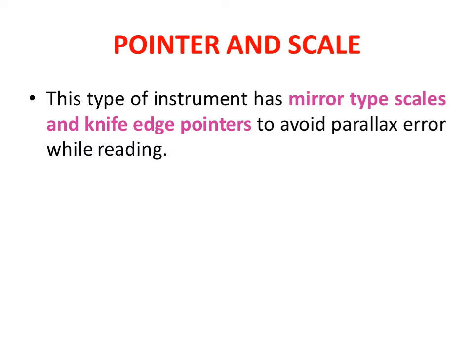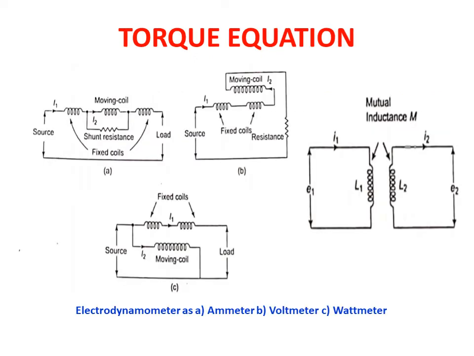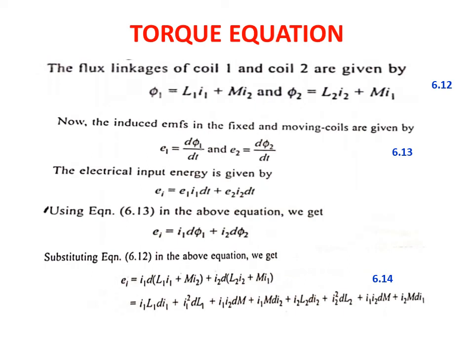So in this electrodynamometer type wattmeter, now we will see the torque equation quickly. This is the basic circuit diagram. There are two coils: the fixed coil is divided into two coils.